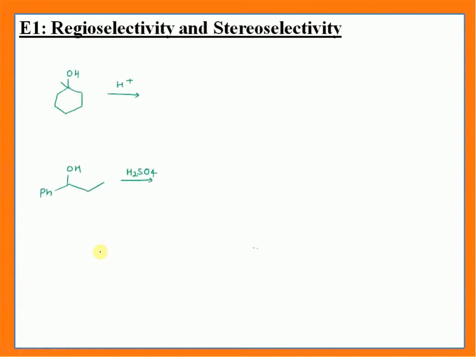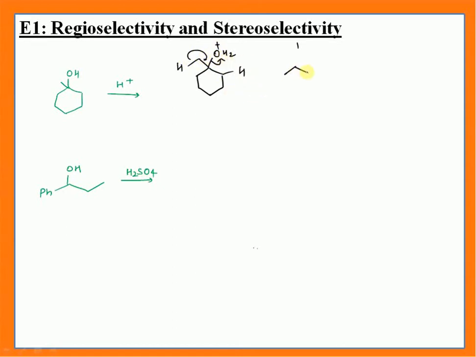Then we will come to the point of regioselectivity and stereoselectivity in E1 eliminations. Regioselectivity means from which position you can remove proton, right? For example, in this case, when you protonate this OH, it will form OH2 plus, and we have a methyl group attached here. So we can remove a proton from this position, or we can remove from this position.